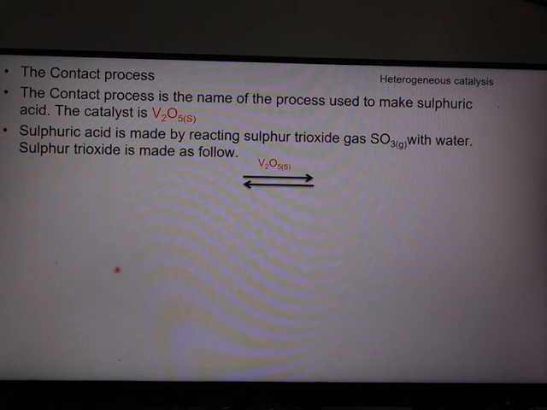Something that I talked about when we did periodicity of the elements in period 3. We talked about the difference between sulfurous acid, which is made from SO2 and water, and sulfuric acid, which is made from sulfur trioxide and water.